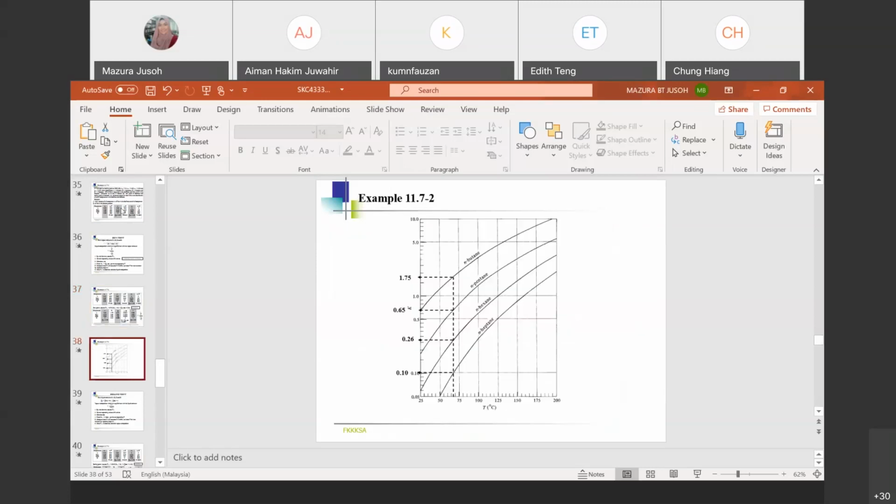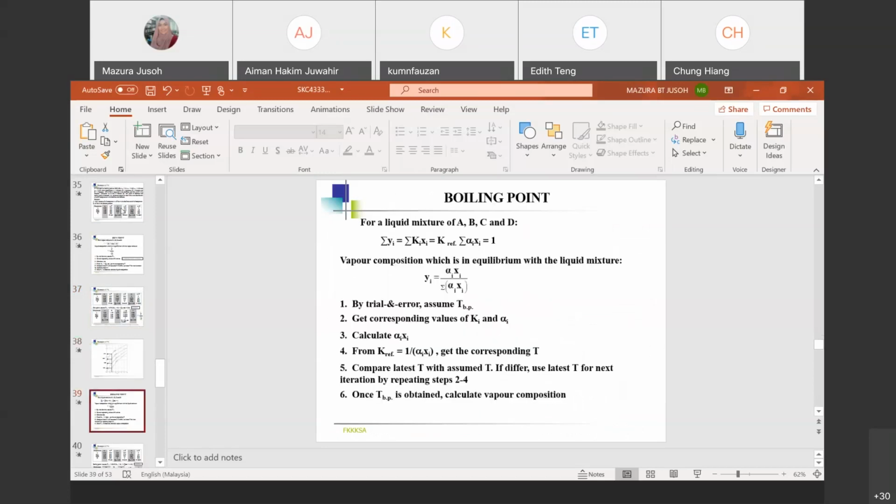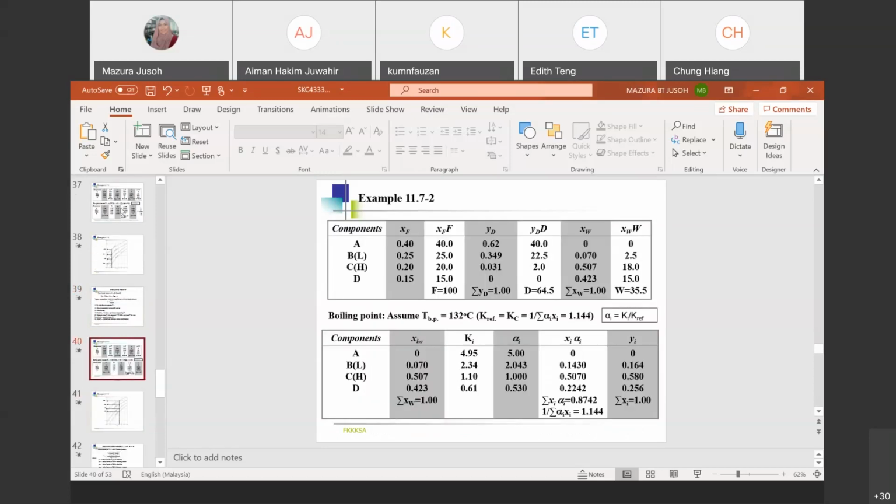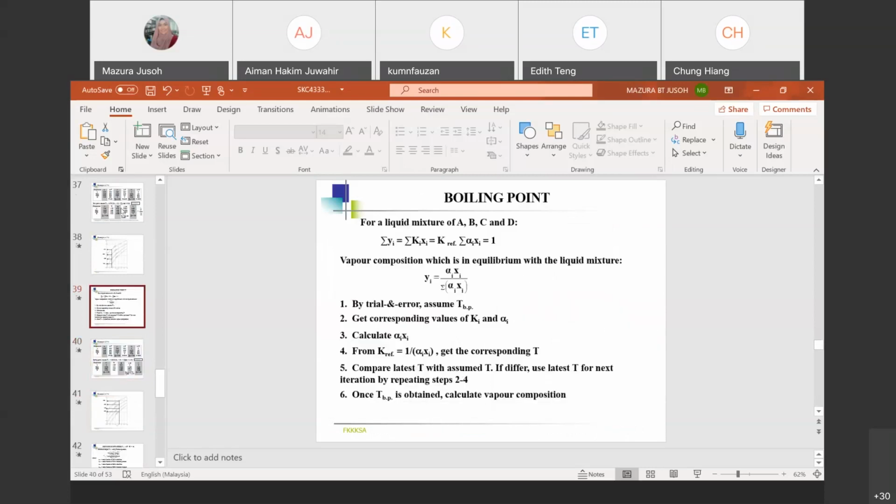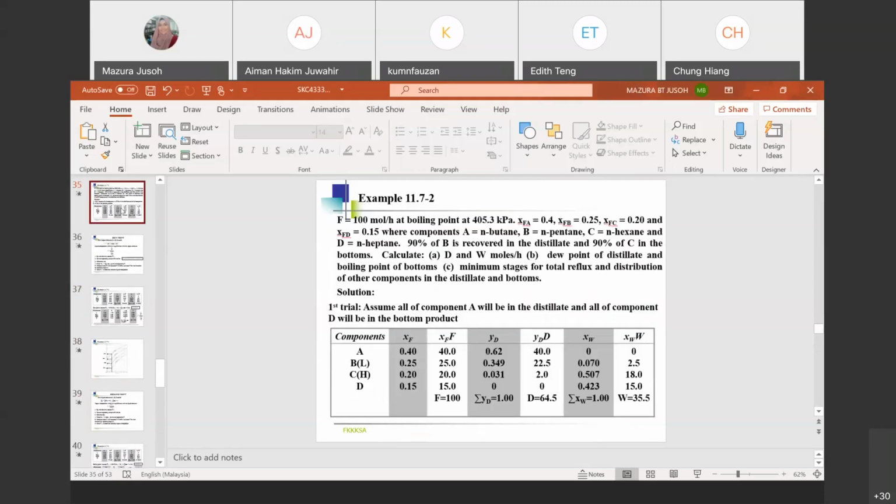Basically you will take 0.26 in this case as the K reference, and then you will continue with calculating the alpha. This is how it looks for the first example.